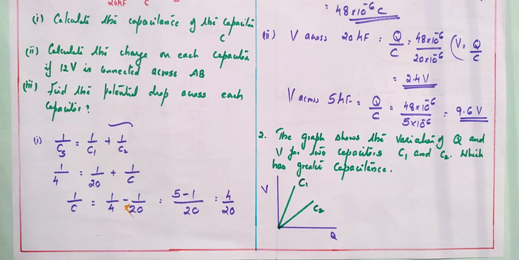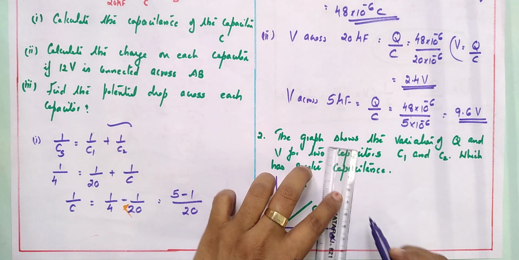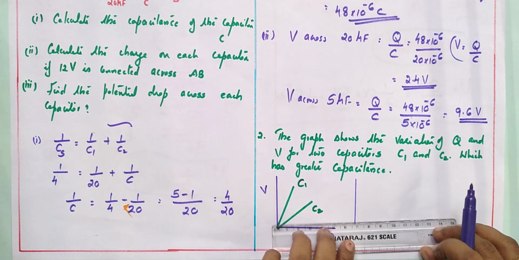Now we can do one more question. The graph shows the variation of charge and potential difference for two capacitors C1 and C2. Which has greater capacitance? The graph is given, with charge along the x-axis and potential difference along the y-axis, and two graphs. In order to find the greater capacitance, we can redraw the figure like this.